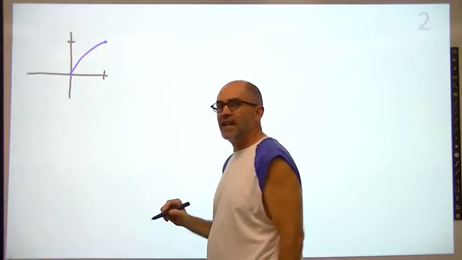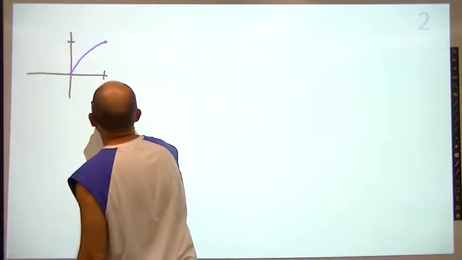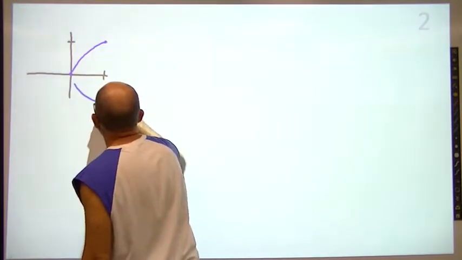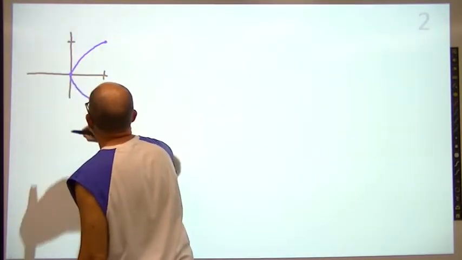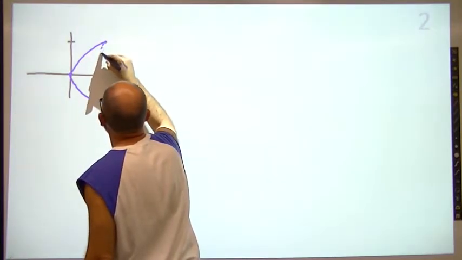Now if I rotate that around the x-axis, then it's going to have a mirror image on the bottom side, and then when I rotate, it ends up looking like this.